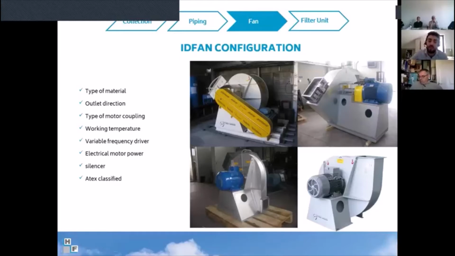For example, we can do a coupling like in this picture, so this is not a direct coupling, but between the motor and the fan and the impeller some bearings are installed in order to disconnect the impeller and the motor.